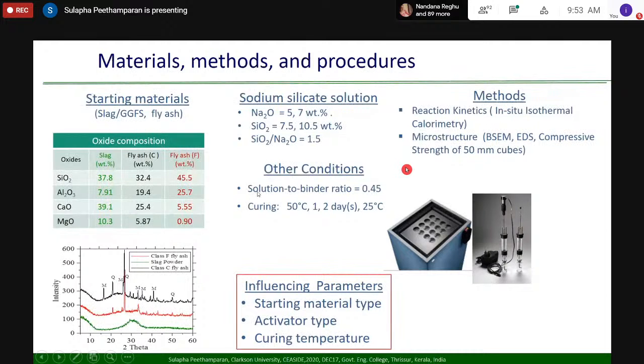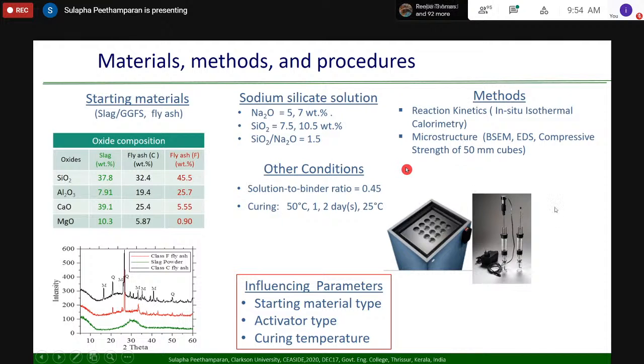Like in the precast industry, you can heat cure it, or you can cure it normally. When the material and the solution start reacting, they start giving off heat. The temperature will increase; the reaction is exothermic. If I can measure the heat emitted from this reaction, I will be able to gather a lot of information about my concrete: the strength, the setting time, the workability, all those things.